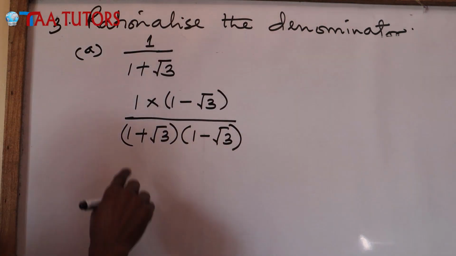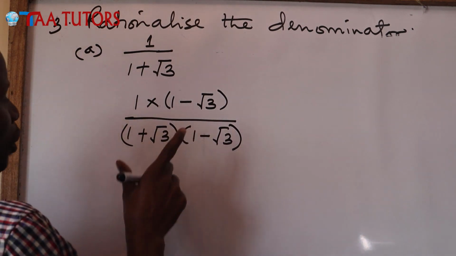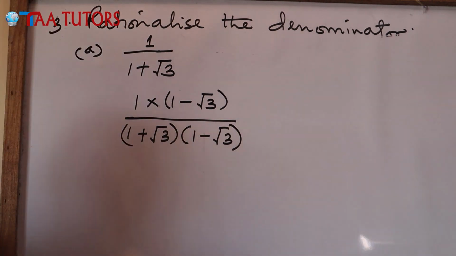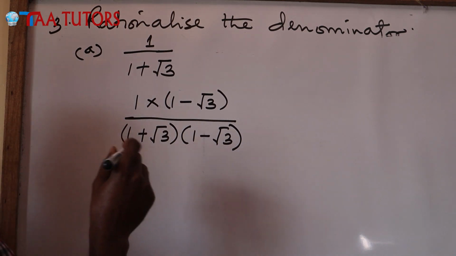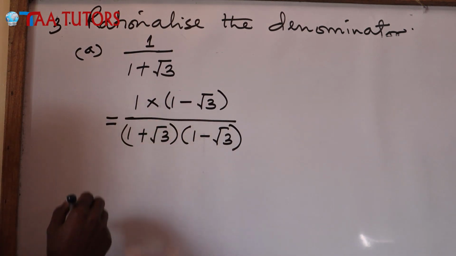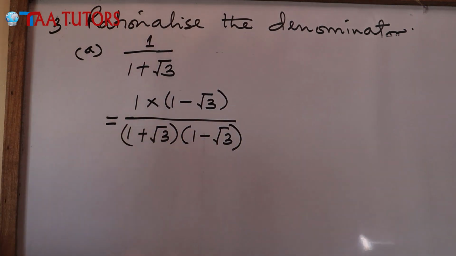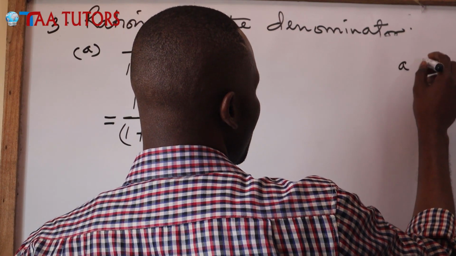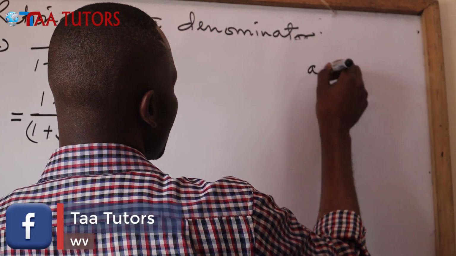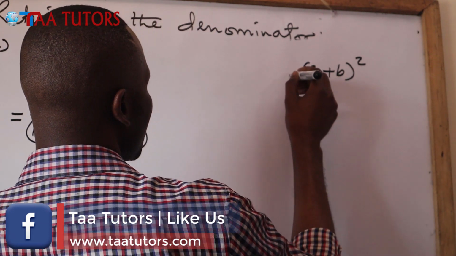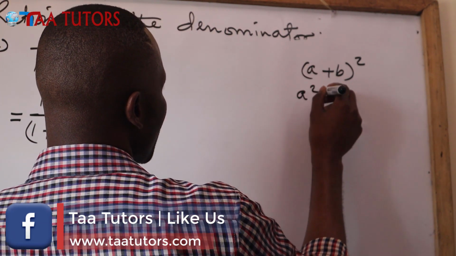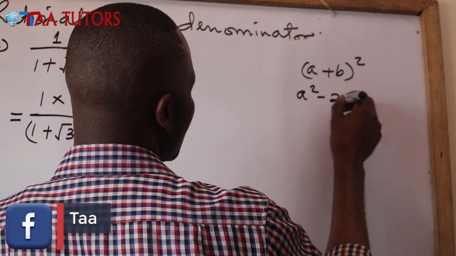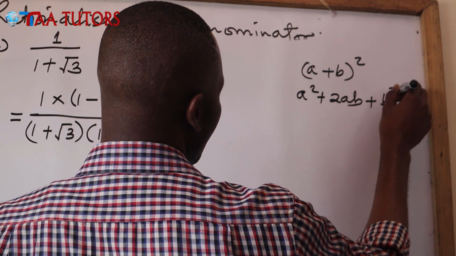Now you realize that we can open this bracket using the long method, but I want to show you that there's no need for that, because we remember handling what we call quadratic expansions, the 3 quadratic identities. If you have (a plus b) squared, this should give you a squared plus 2ab plus b squared.